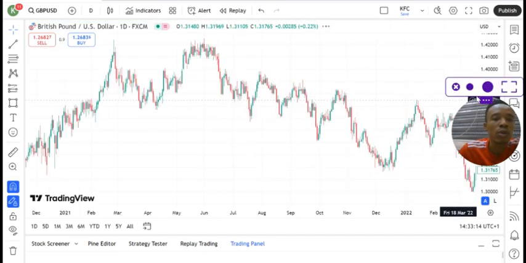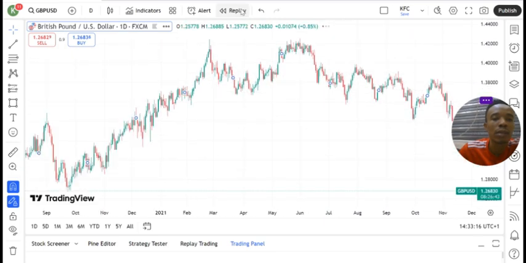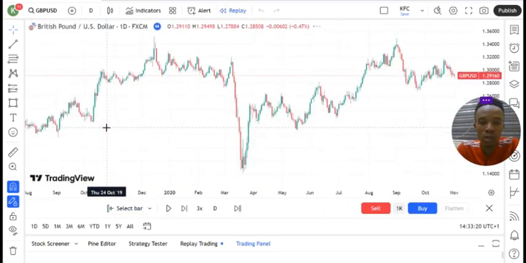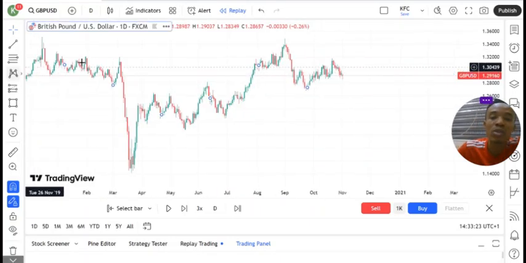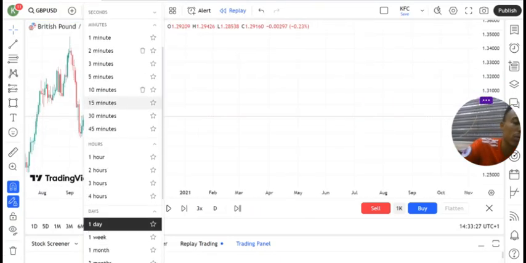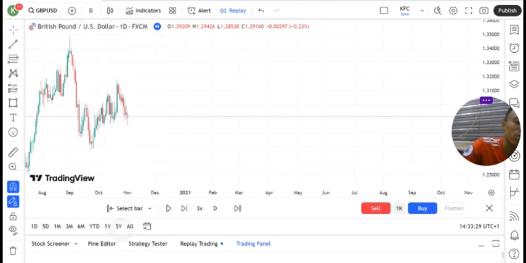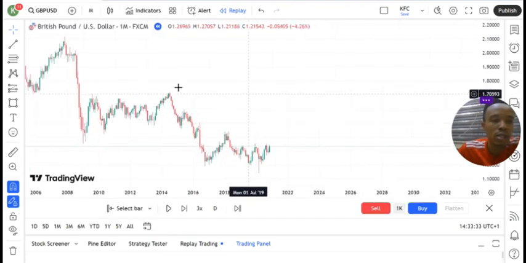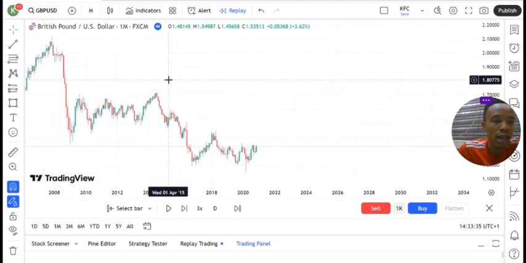I cut it from the higher time frame, so let me cut it now from the lower time frame. Now this might not happen to you if you're using lower time frames. It's happening because I'm on a higher time frame, so to go back it's hard because the candles are very much compressed. So I'm doing it again, and this is the high time frame.